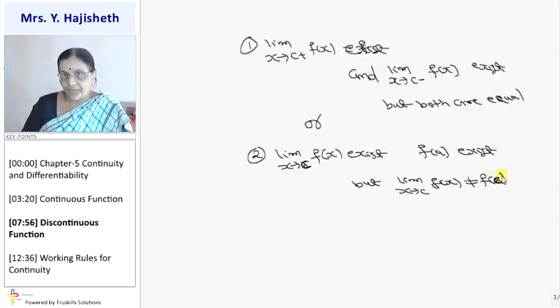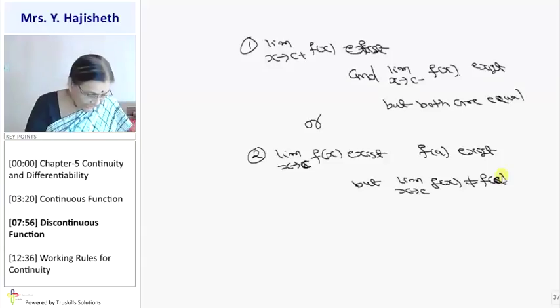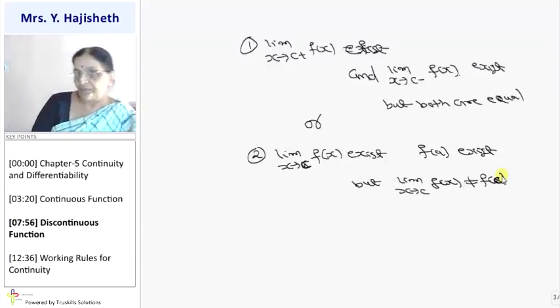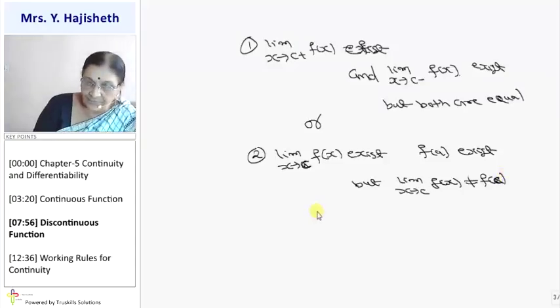Clear? So the function is discontinuous at c if its right-hand limit exists, left-hand limit exists, both are not equal, meaning the limit does not exist, then f is not continuous. Or if the limit exists and f(c) exists but both are not equal, then it is discontinuous.